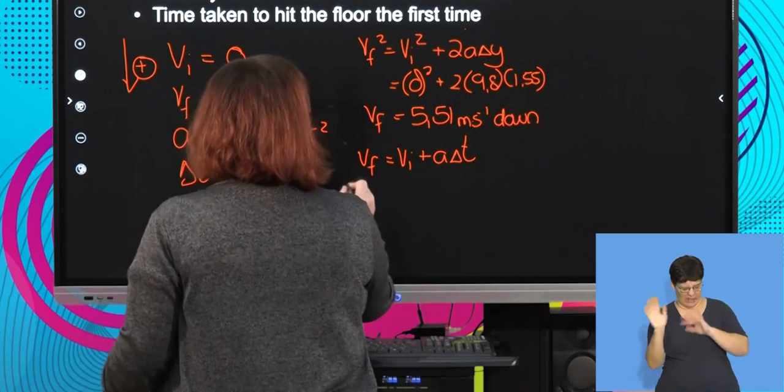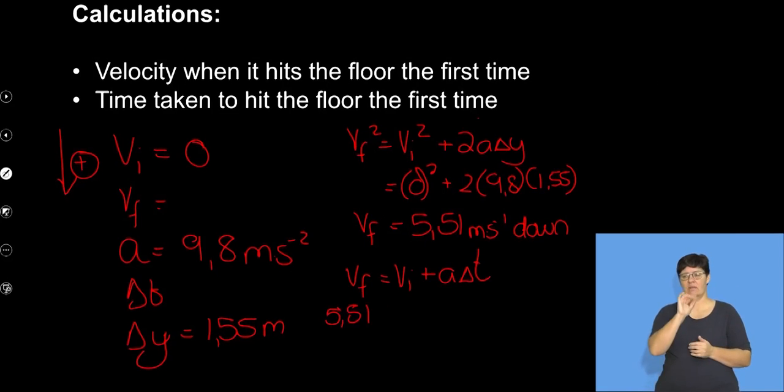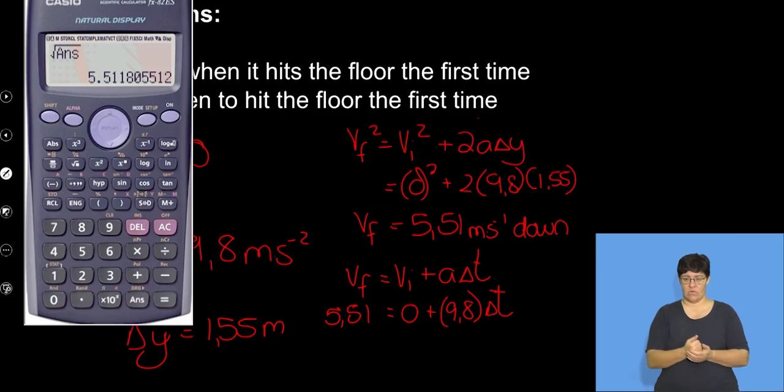So 5.51 equals 0 plus 9.8 delta t. To get time on its own, I'm going to divide 5.51 by 9.8, and I get 0.46.